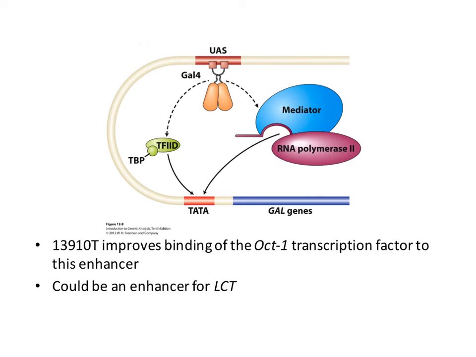This is a graphic of the GAL4 system, but we could replace this with terms we just used. So instead of this UAS, the upstream activating sequence, we now know that this was for which protein? What was the transcription factor that was binding minus 13,910? This is an enhancer.